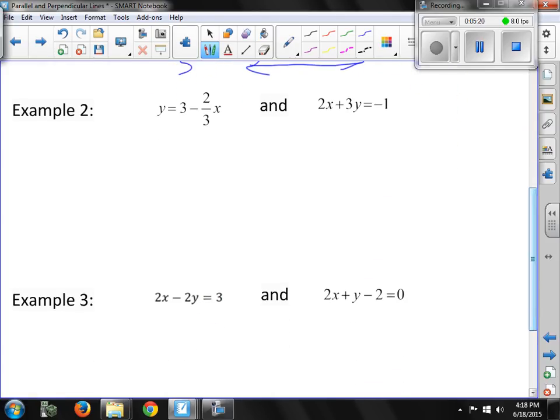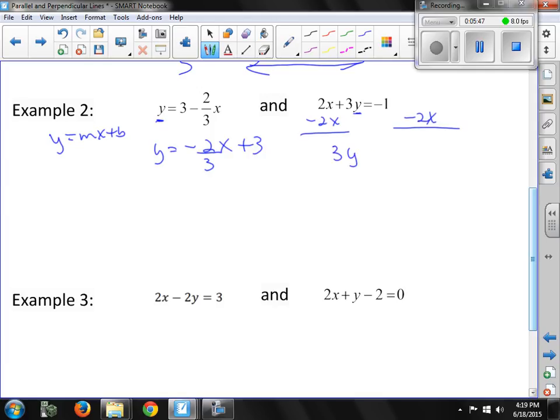Let's do this one. This one is already solved for y. The only thing you might do is put it in y equals mx plus b order. So I'm going to write it as y equals negative 2 over 3x plus 3. But this one I do have to solve for y. So I'm going to subtract the 2x. So 3y equals negative 2x minus 1.